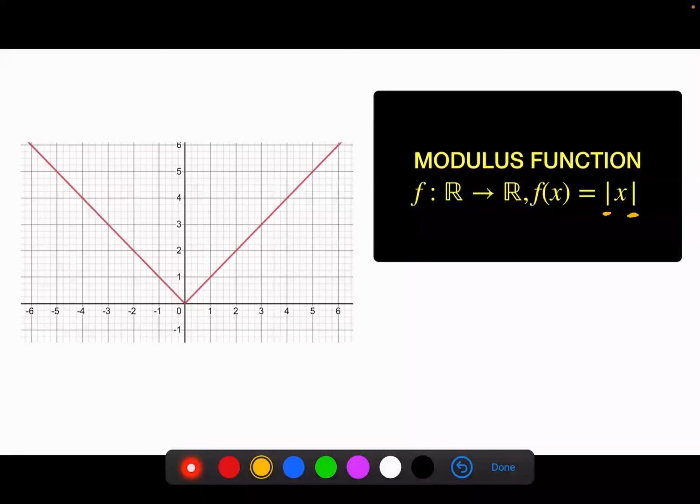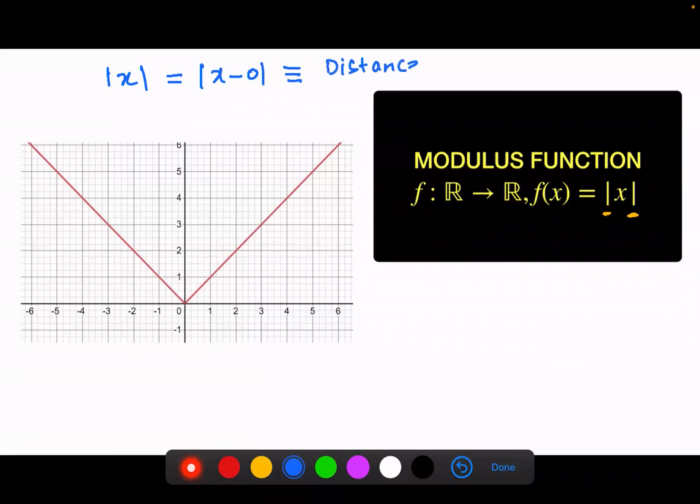Whenever you look at mod x, you should understand it this way: mod x, you can write it as mod of x minus 0. It is basically the distance of the x coordinate. This is one meaning. It's the distance of the x coordinate from the origin.